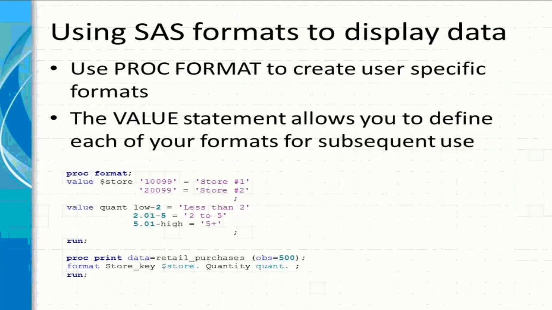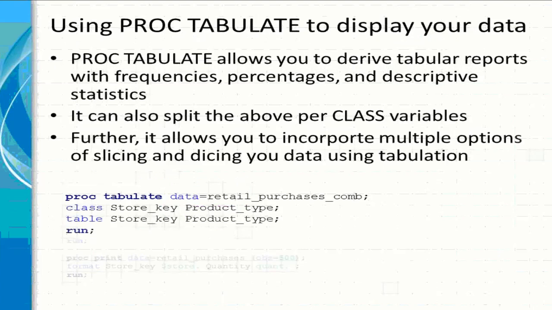And the same thing for the quantity value. Rather than just having the quantity, you could build a descriptive for each, say, basket, for example, saying it's a basket that has less than 2, 2 to 5, or more than 5 elements. Okay, and when you actually print this, and if you specify the format you want to use, SAS will print out not the code and the quantity, but the actual values that you've specified.